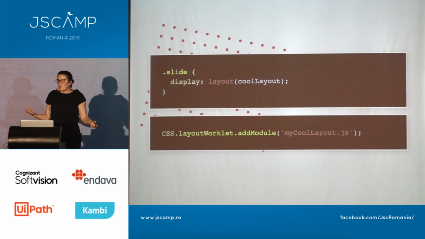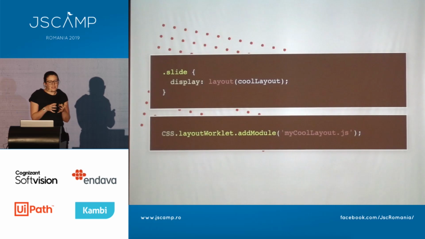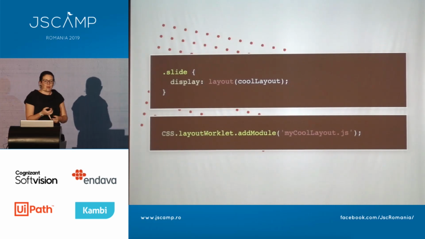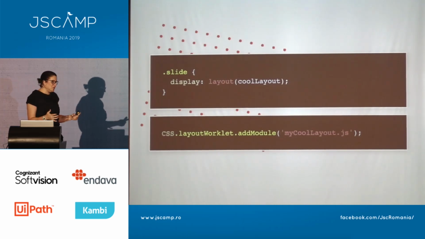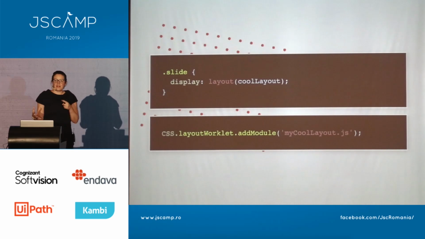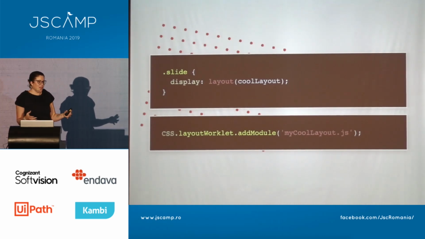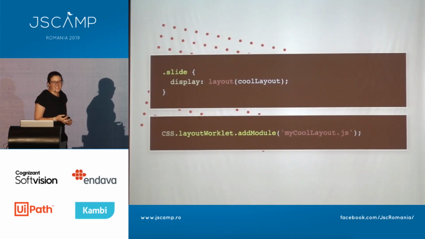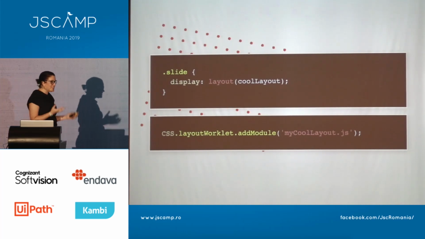I don't have an example of this, but suffice to say, the access that you get in the class in that worklet is access to the constraints of the parent element, where it is, how big it is, any of the child elements within that element, where they are, how big they are, all the stuff that you would need to create a custom layout. Think masonry, think hexagon tiling, all that kind of stuff. That's layout.